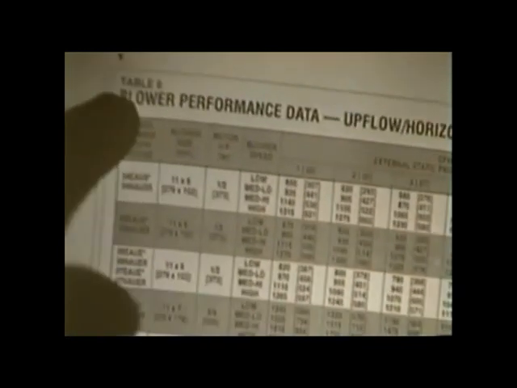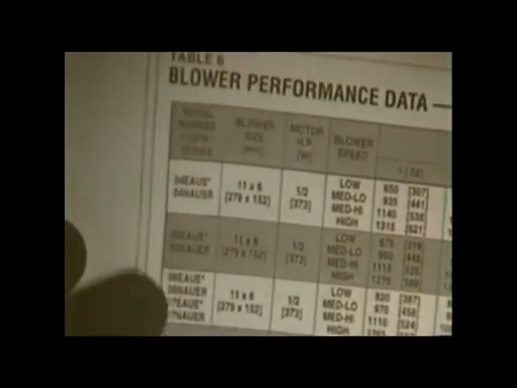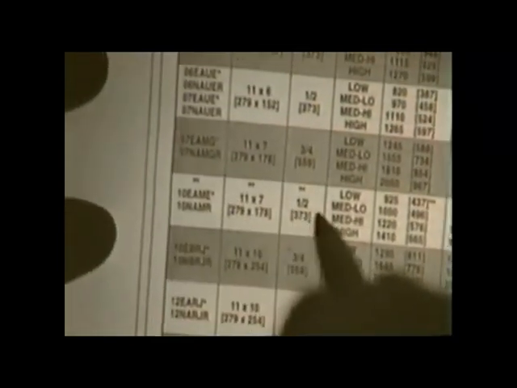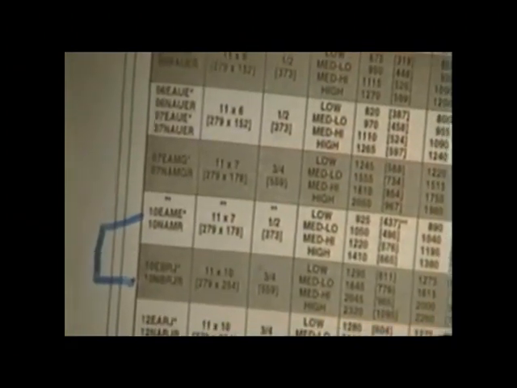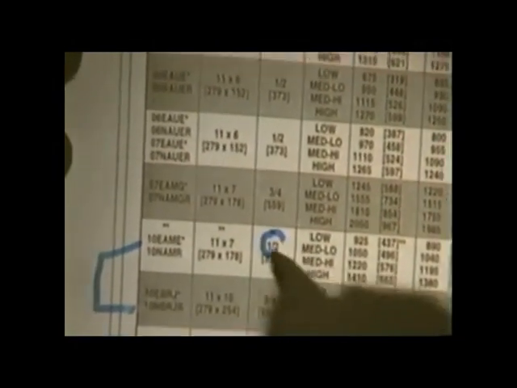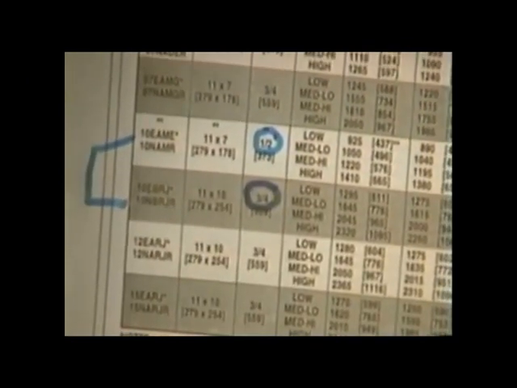And on the left side of this chart it shows all of the model numbers. And let's just take for an example a 100,000 BTU furnace, because Kevin talked about 100,000 before. And we got two of them. We got one of them here that's got a 1/2 horsepower blower motor, and the other one's got a 3/4, and they're both the same size blower wheels.